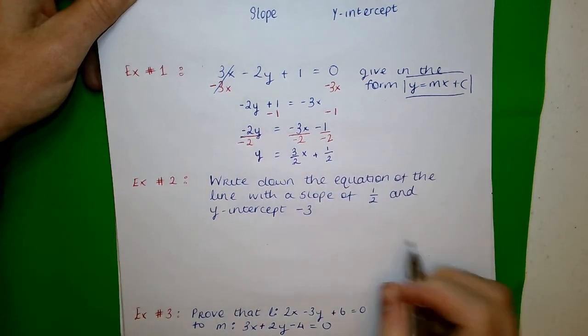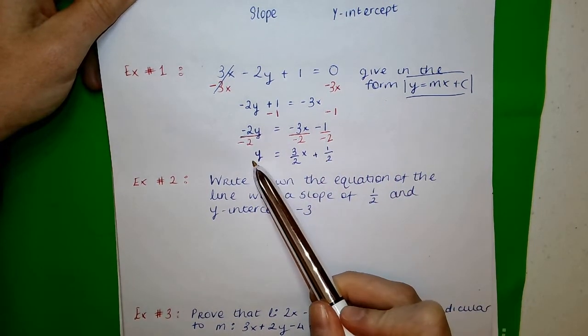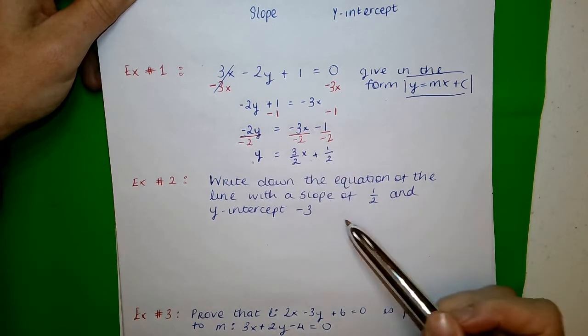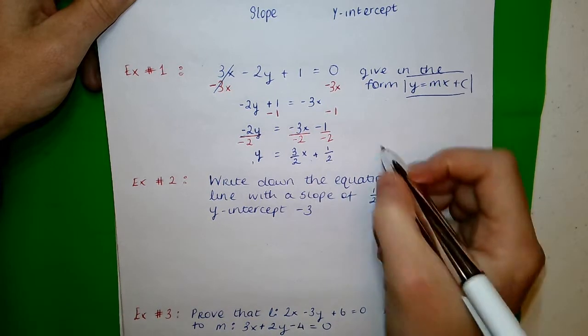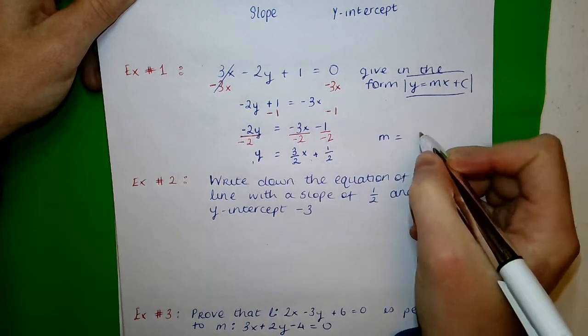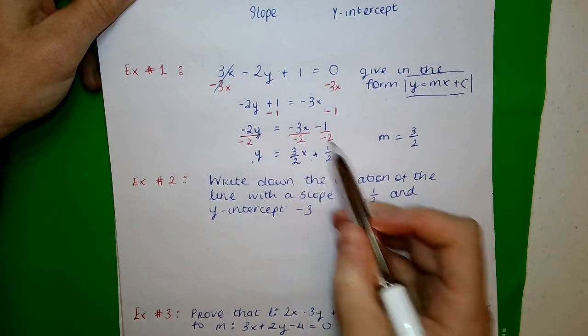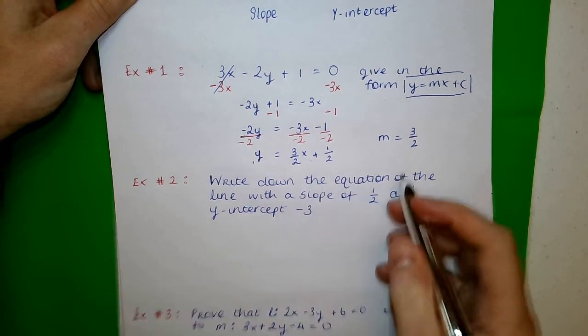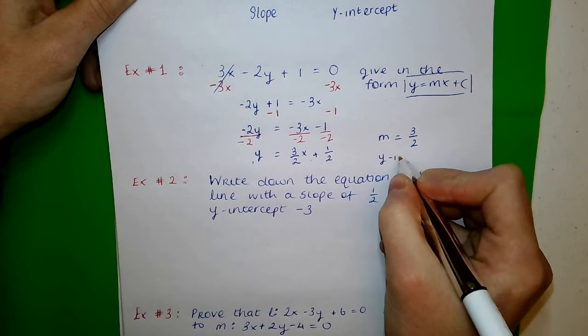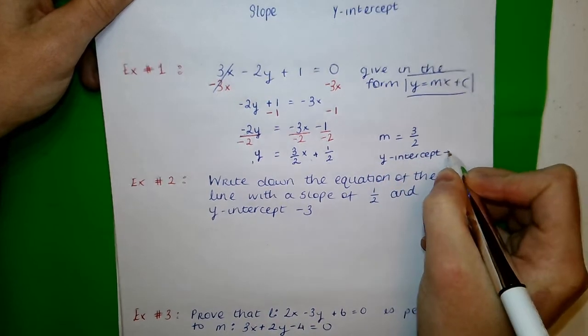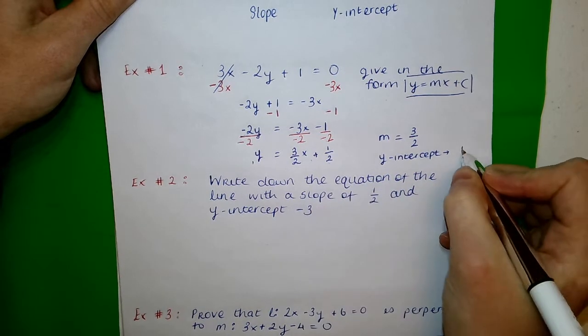So as you can see here now, we have it in the form y equals an x term plus a constant or a number. And remember that the number in front of the x term is actually the slope of the line. So by rearranging it, we can find the slope of this line and also the y-intercept, which is where the line crosses the y-axis, and as you can see, it's at a half.